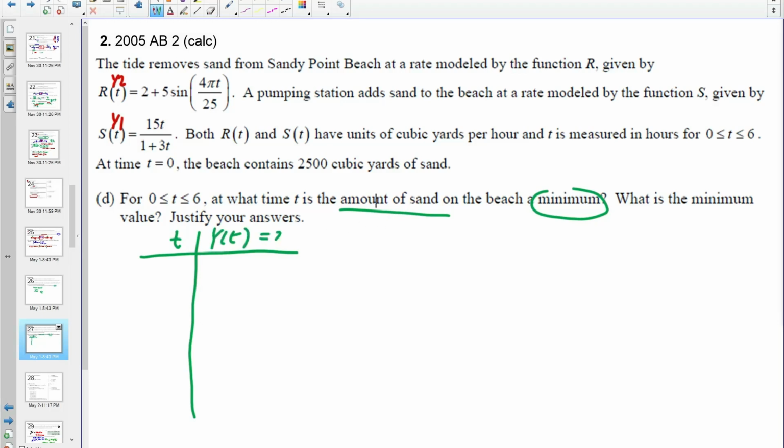And we know the formula for the amount of sand. It's y of t equals 2,500 plus the amount going in, s of t, minus the amount going out. And the limits here would be from 0 to some time t up to 6, and 0 to t here.